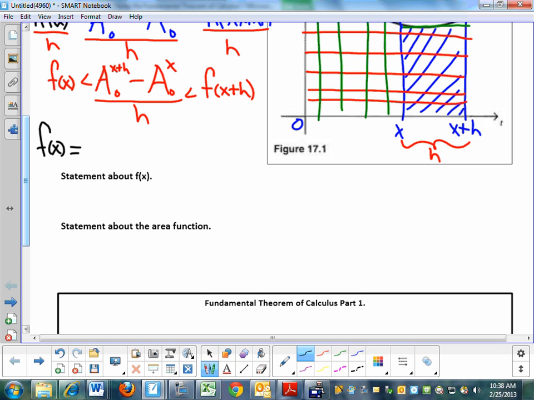We're squeezing it together. This is actually called the sandwich theorem. It's something in calculus we didn't cover. It's a nice proof, but we're going to sandwich it all together. They're going to be the same. So what you could say is f of x is equal to the limit as h approaches 0 of area from 0 to x plus h minus area from 0 to x, all over h.